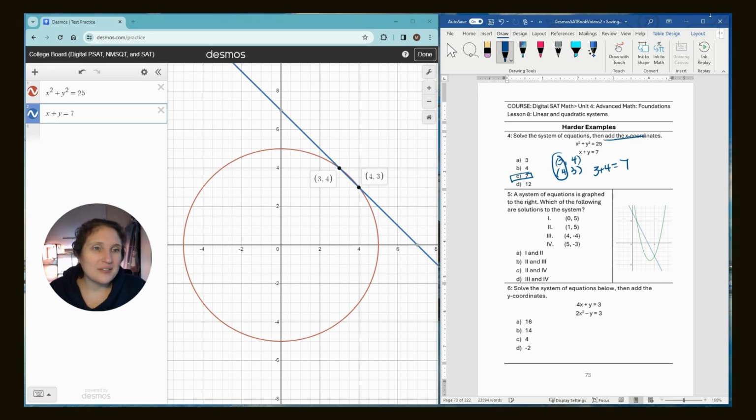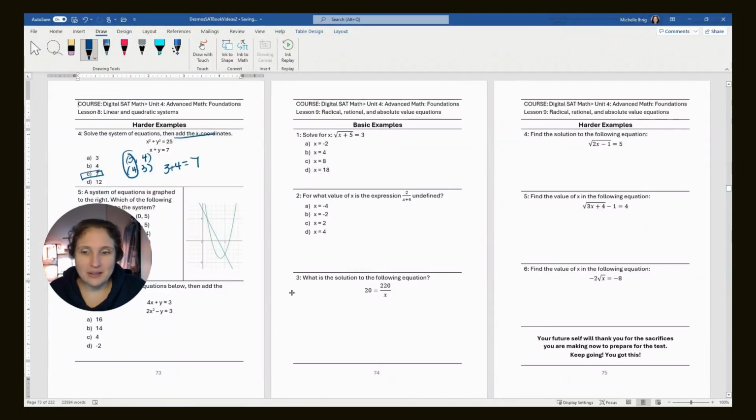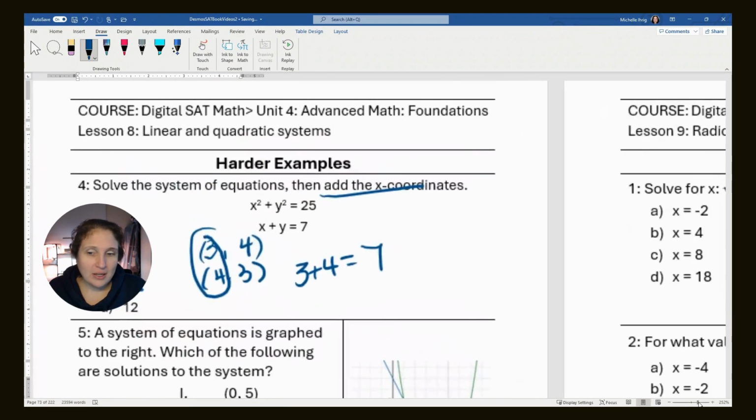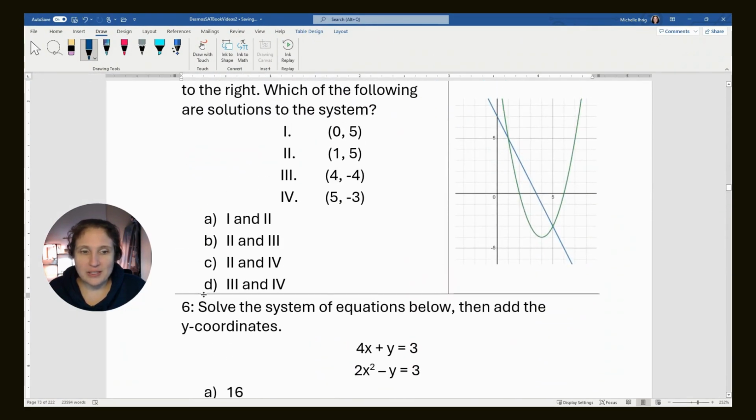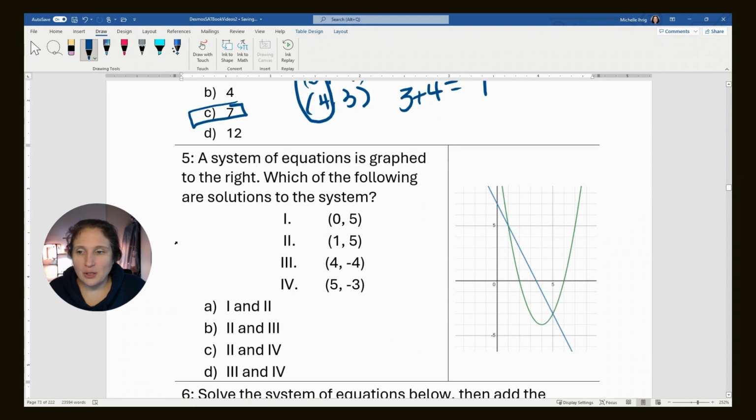All right, in this next one, let's make this a little bit bigger, just so that we can look at the image more easily. The next question says a system of equations is graphed to the right. Which of the following are solutions to the system? So remember, solutions are where the graphs intersect. Right here we have a solution. I hate when it does that.